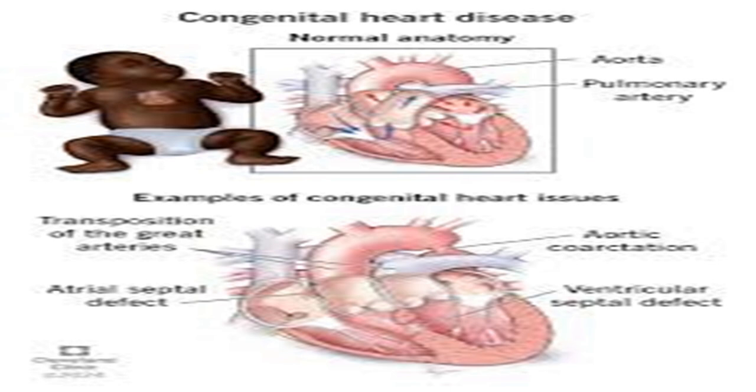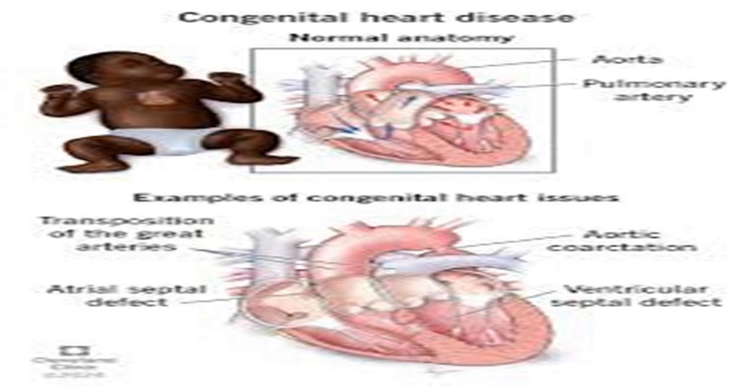Catheter-based procedures. Minimally invasive procedures can be used to repair certain defects, such as closing holes in the heart (e.g., ASD or VSD), or widening narrow valves or arteries. Surgery. Some defects may require open heart surgery to correct structural issues, such as valve replacement, repair of major blood vessels, or the correction of complex defects like tetralogy of Fallot.